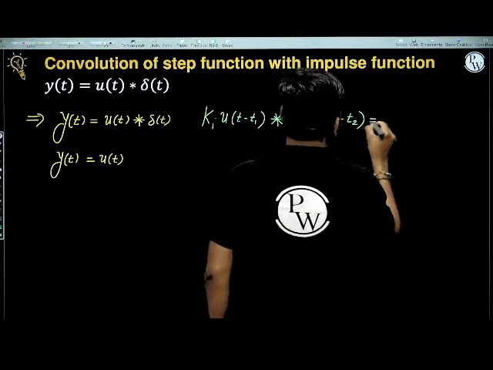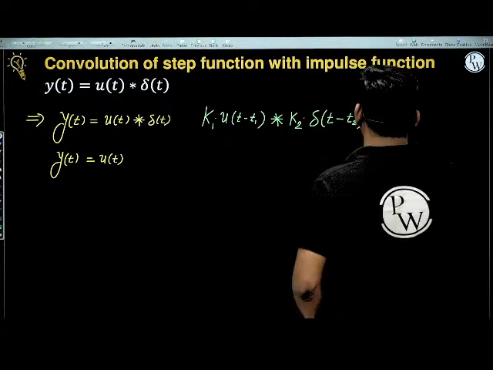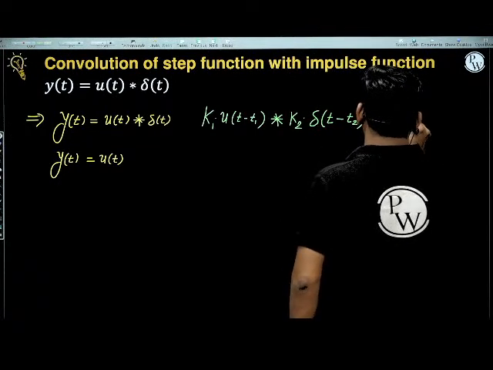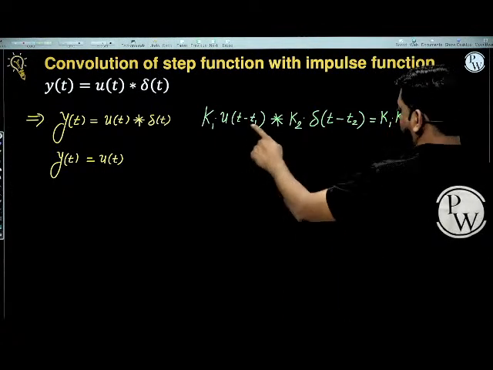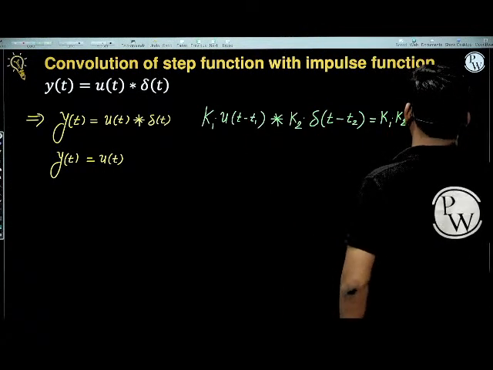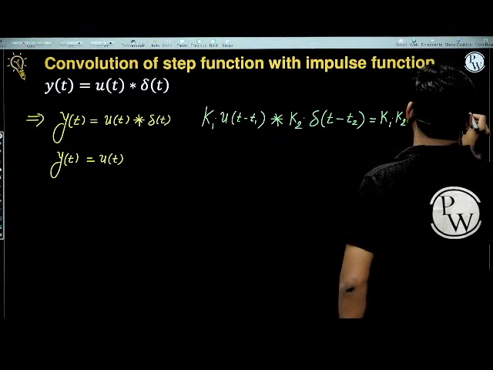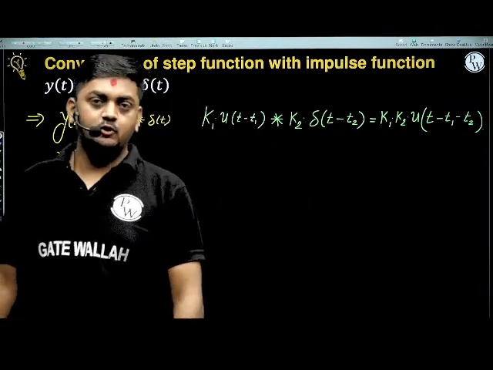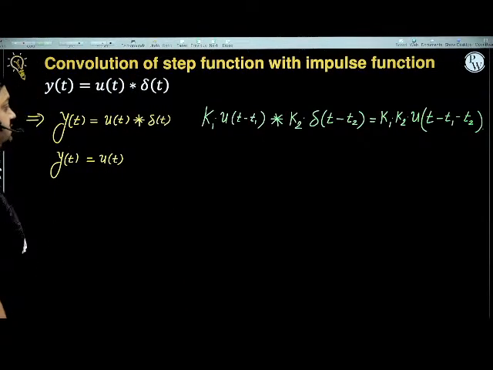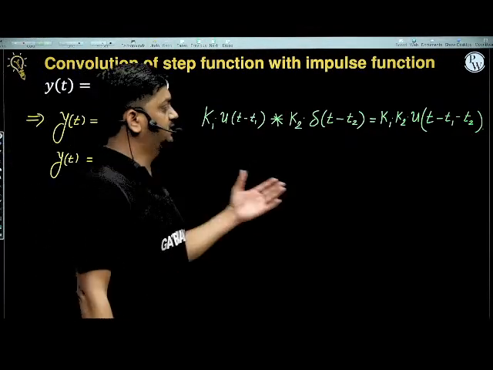What is the answer, guys? So here k1 into k2, yesterday also we have seen, k1 into k2, and u of t minus t1 minus t2, correct? u of t minus t1 minus t2. So this is a very important result that you have to remember.